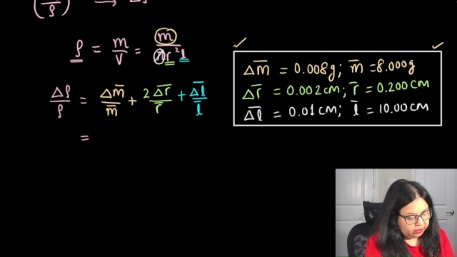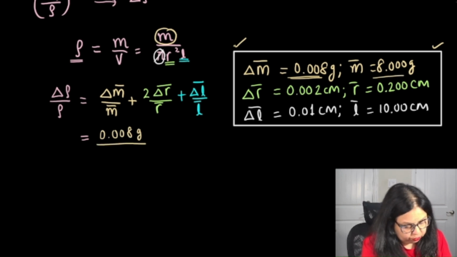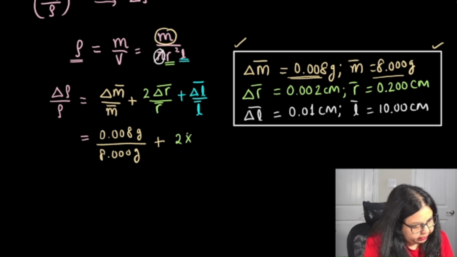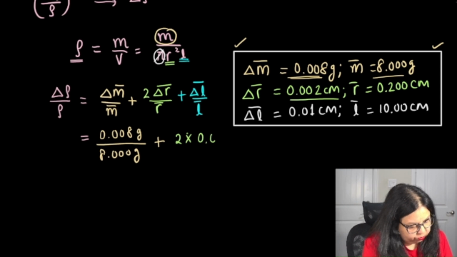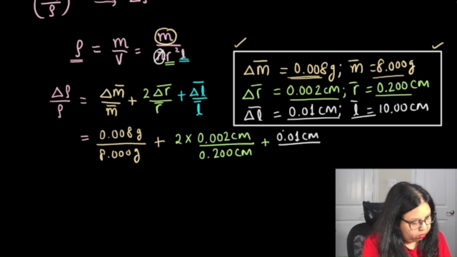From here we see that delta m bar is equal to 0.008 grams and m bar is equal to 8.000 grams plus 2 times delta r bar, 0.002 centimeters, divided by r bar, 0.200 centimeters, plus delta L bar, which is 0.01 centimeter, divided by L bar, which is 10.00 centimeters.